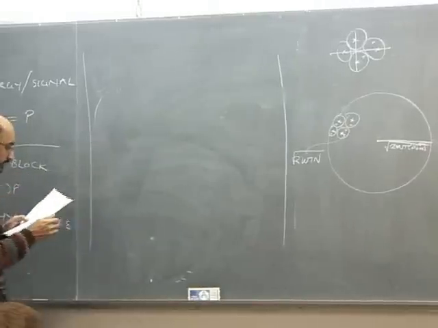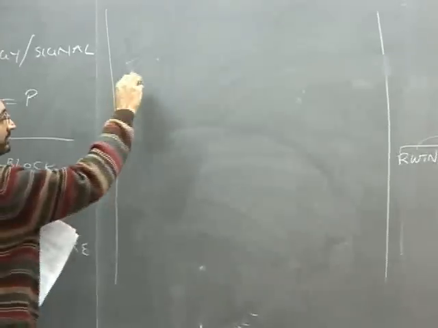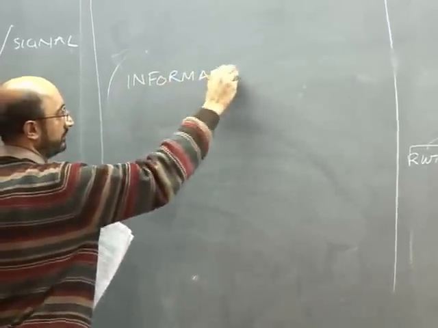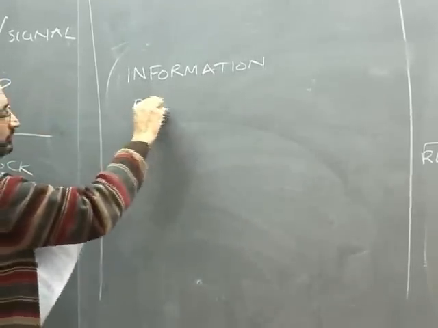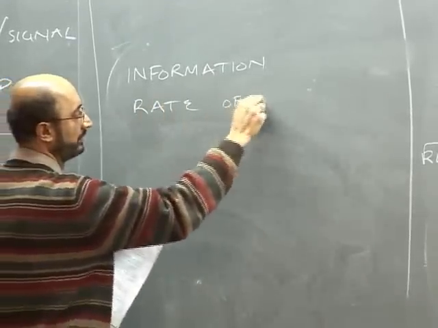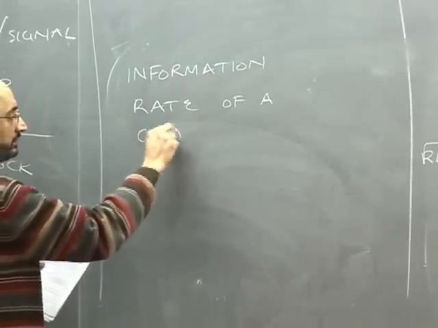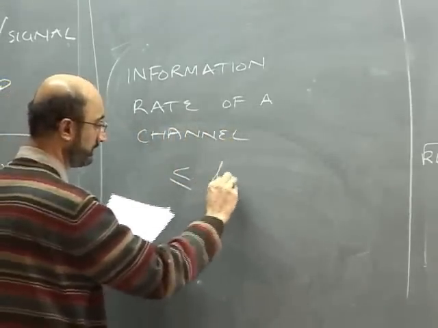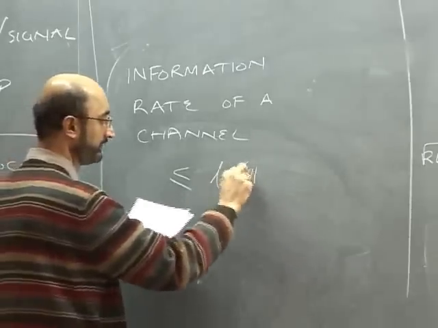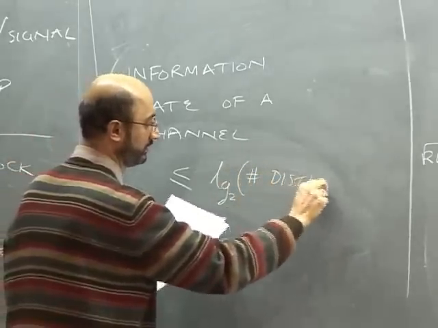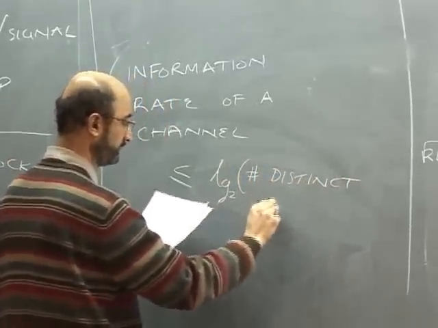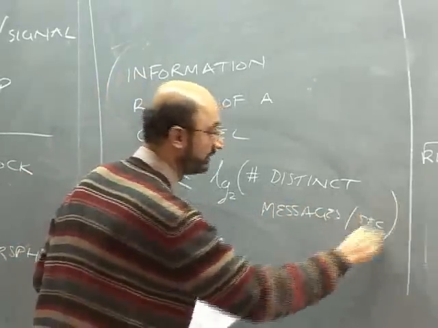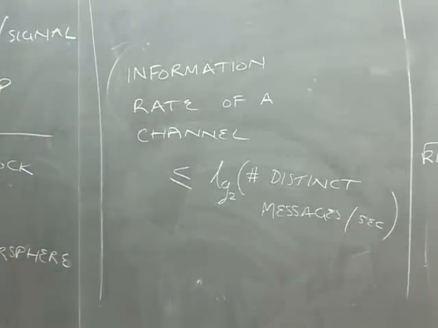Equation 9 in the text basically said this: the information rate of a channel, and this is more or less by definition, is less than or equal to log base 2 of the number of distinct messages per second. We sort of defined that to be the information rate of a channel.